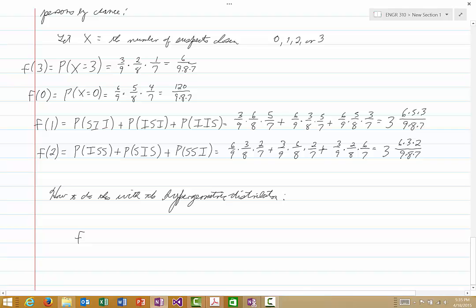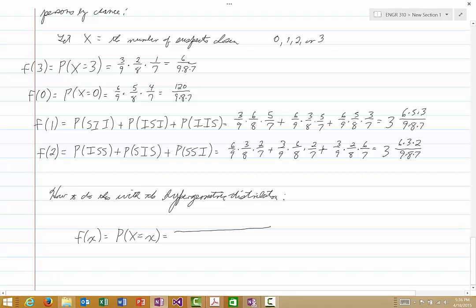If there are 3 suspects altogether, and we're going to choose 3 of those suspects, then the probability that we will get x of the suspects is the following.